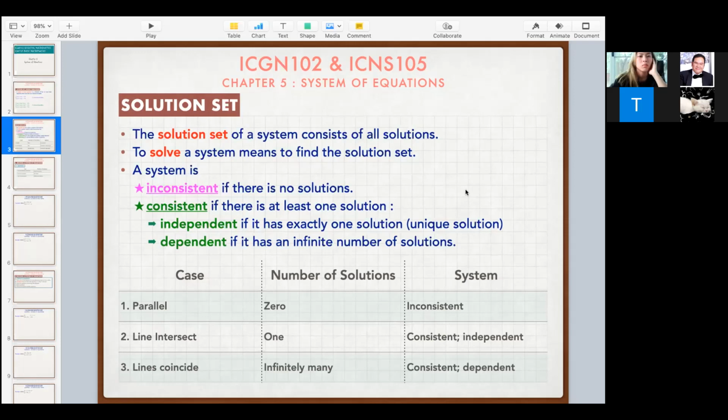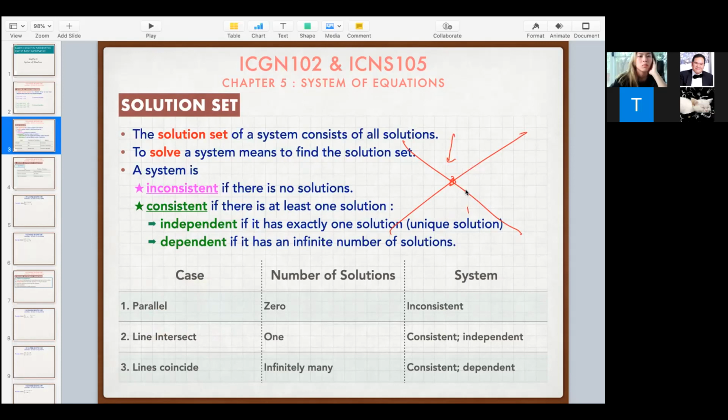There will not be any solution at all, zero solutions, and we call it an inconsistent system. When you have two lines that intersect each other, then we have just one solution only. So this one we call consistent or independent.